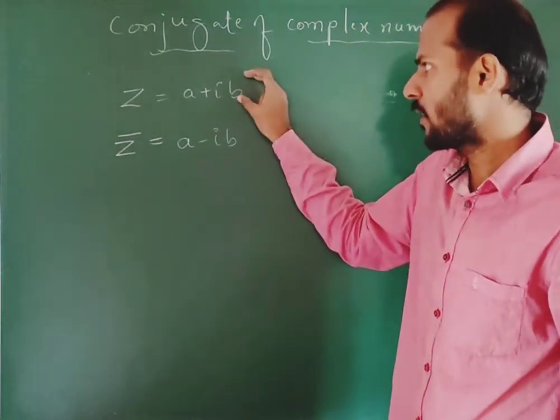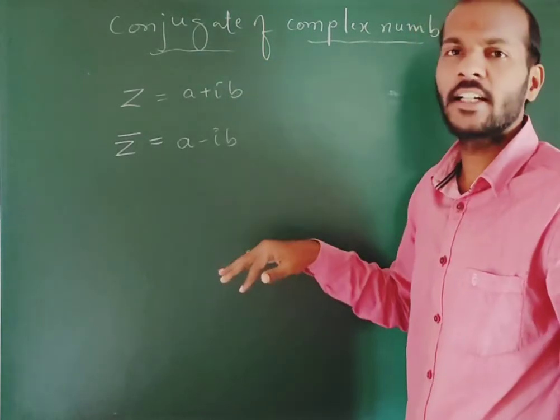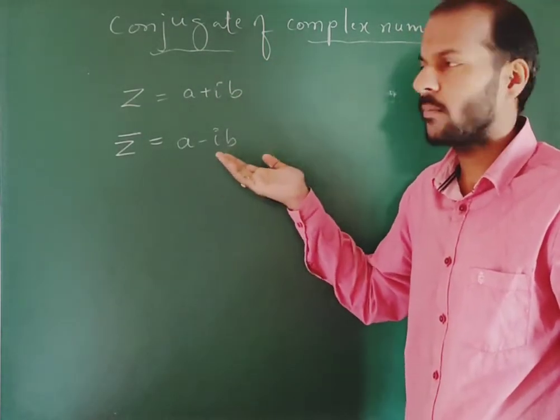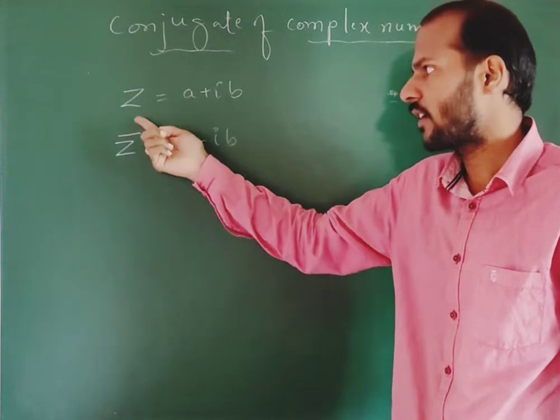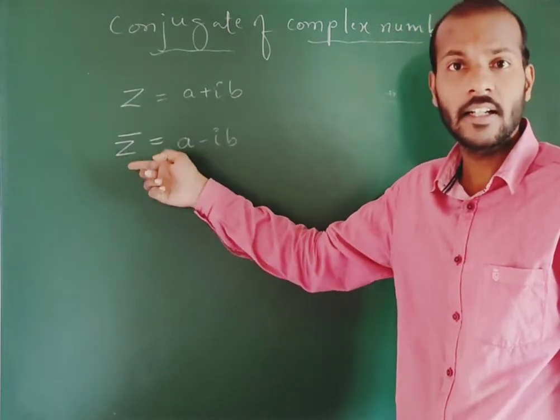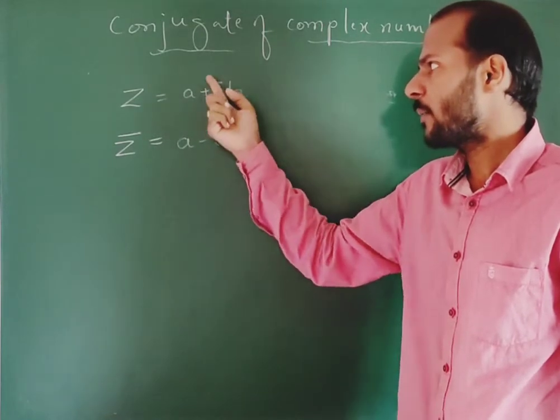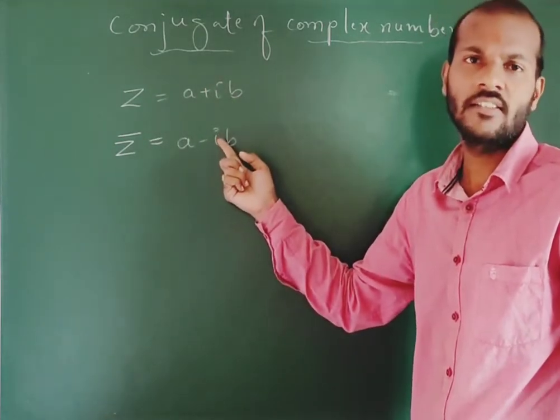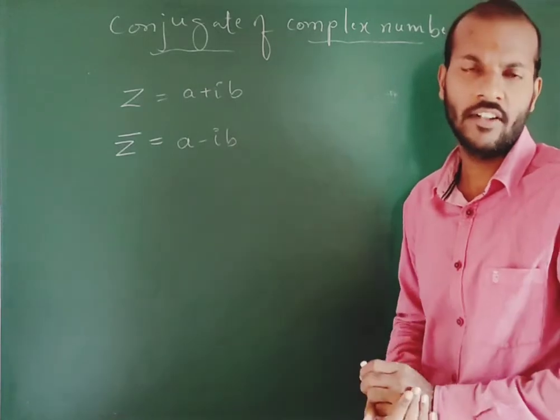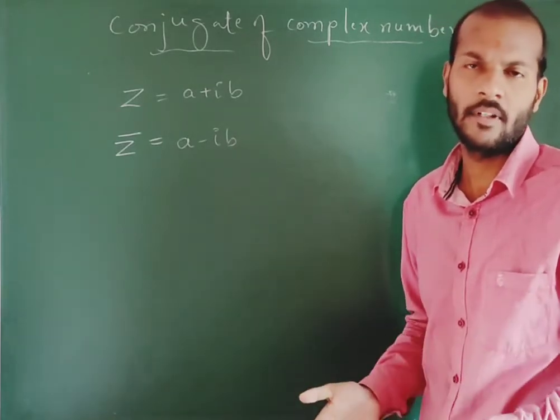It is denoted by z bar, where the sign of the imaginary part changes. That is nothing but the conjugate of a complex number, right?